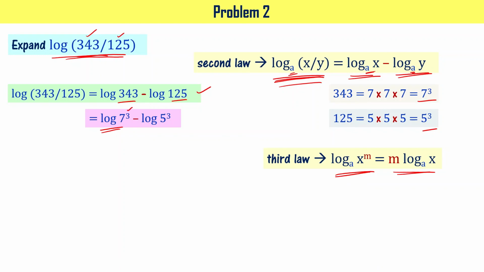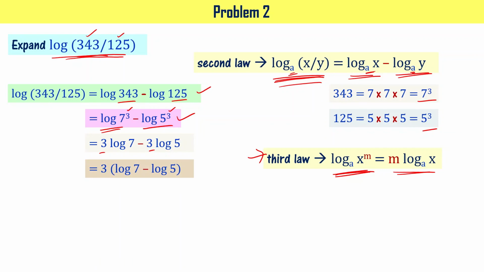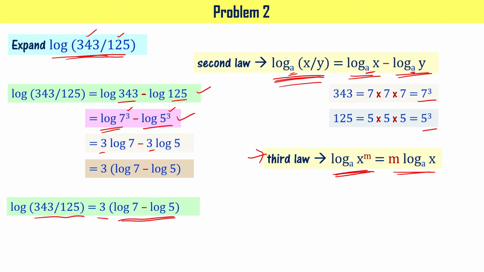When you compare this log 5 cube with log x power m, then m is going to be 3. So make use of the third law such that you can rewrite this expression as 3 log 7 minus 3 log 5. I can take 3 as the common factor out of these two terms, right? So that I can write now this as 3 times log 7 minus log 5, right? So to answer the question, log 343 divided by 125 equal to 3 times log 7 minus log 5. Got it?